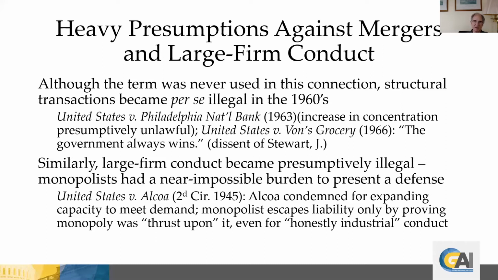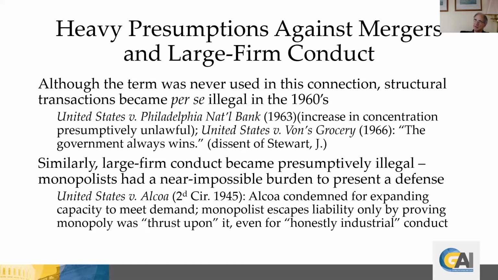And nevertheless, the court struck it down, which led Justice Stewart to say in dissent that the only consistency he could see in the rule was that the government always wins. So a very high watermark for the strict merger enforcement doctrine of the per se era.